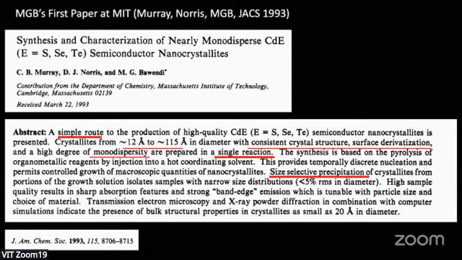If you're a chemist and you make a new molecule, you need to purify it so that you can characterize it and then you can use it to do further chemistry. These nanomaterials, we didn't really know how to do that yet. They were not molecules. You couldn't crystallize them. You couldn't play with solvents to do these sorts of recrystallization techniques. You couldn't put it through a column to isolate them.